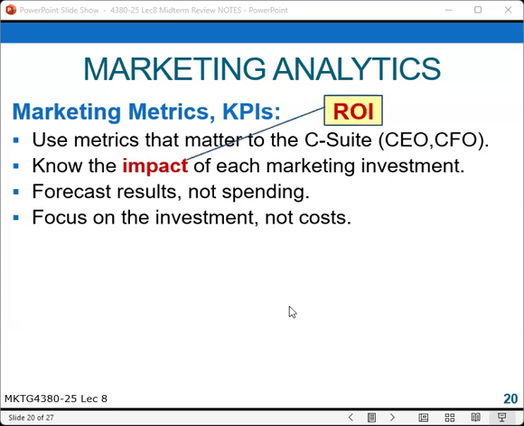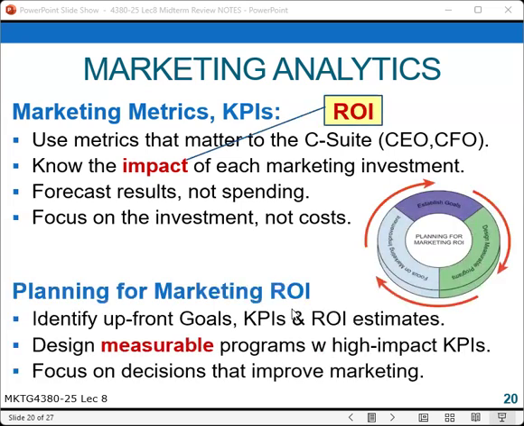So let's just open this up. Planning for marketing ROI, you identify upfront goals, KPIs, and ROI estimates. You design measurable programs with high impact KPIs and focus on decisions that improve marketing. So without establishing goals of a program, people will question marketing investments.